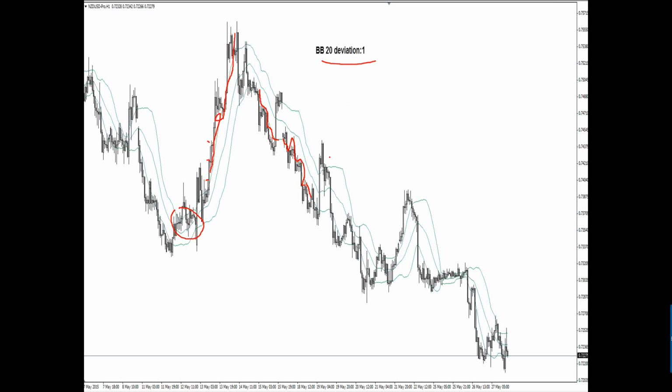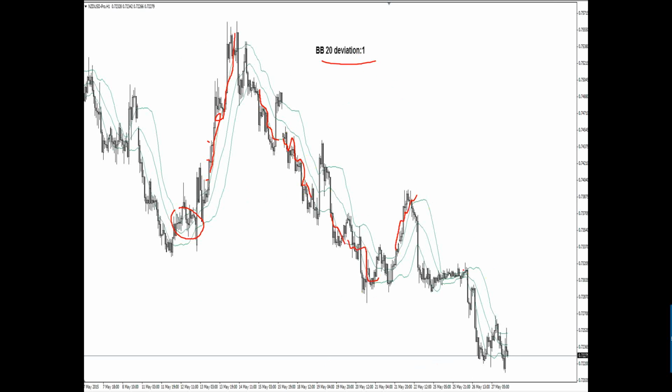And this is the chart of Bollinger Bands 20 period with deviation set to 1. Okay, so look at this, riding the bands. Price is actually outside the bands. Okay, and usually the middle band shows you the prevailing trend and the direction of the price.